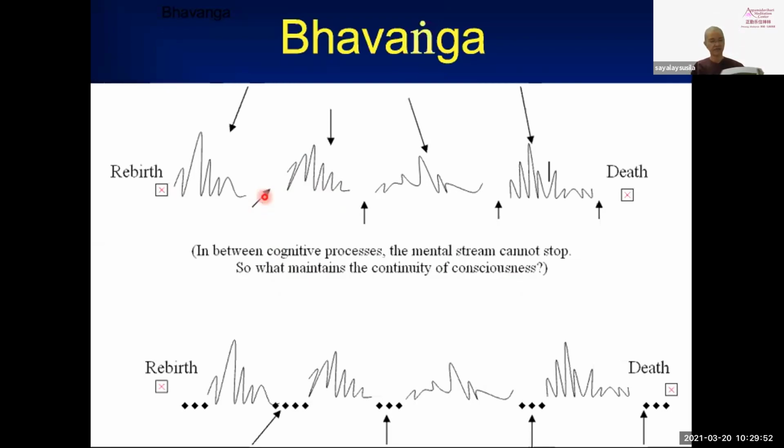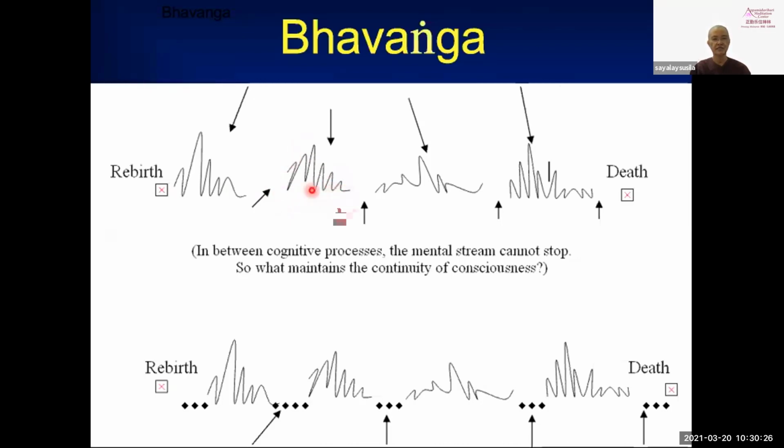As I say, the function of bhavanga is to preserve the continuity of the mental stream through the duration of any single existence from conception to death. So after bhavanga arises and passes away, to maintain the continuity of the mental stream, another cognitive process arises, with emotion, with unwholesome or with wholesome.